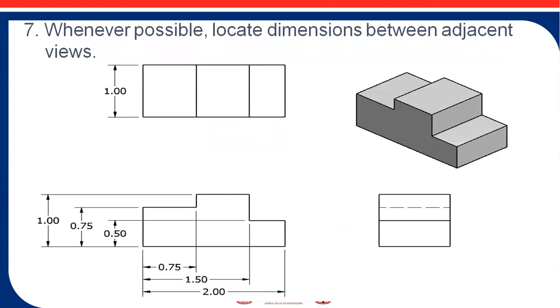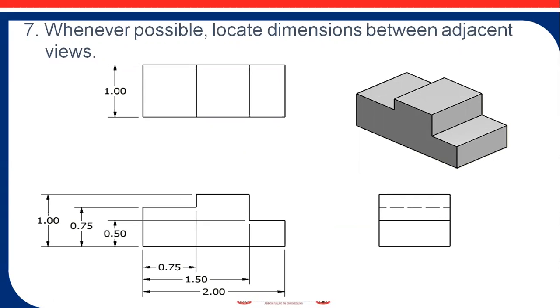Next rule: whenever possible, locate the dimension between adjacent views. We have to show the location of the surfaces or the features, maybe some surface, holes, chamfers or corners.